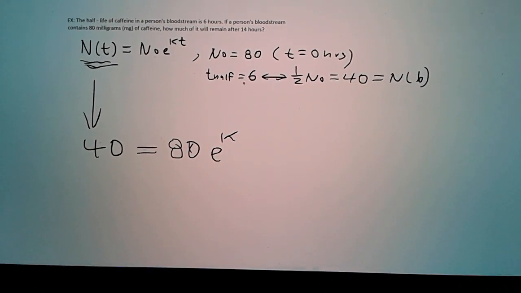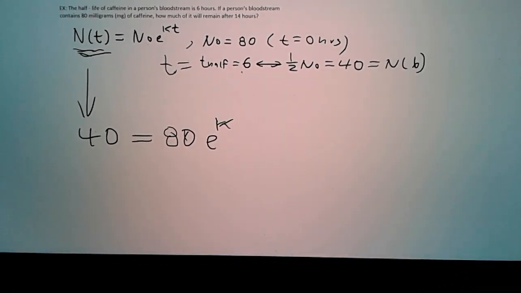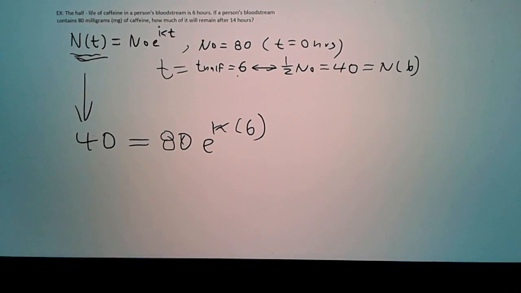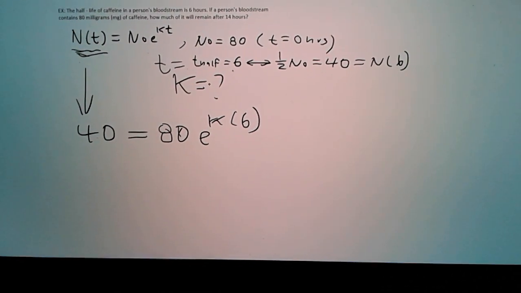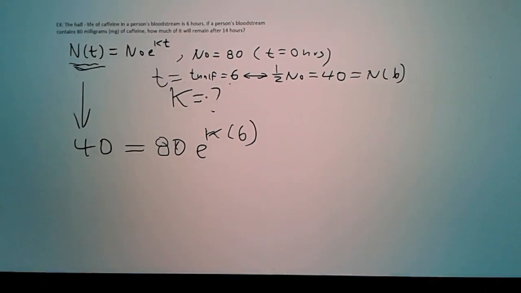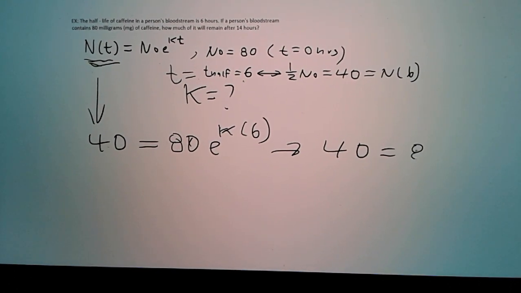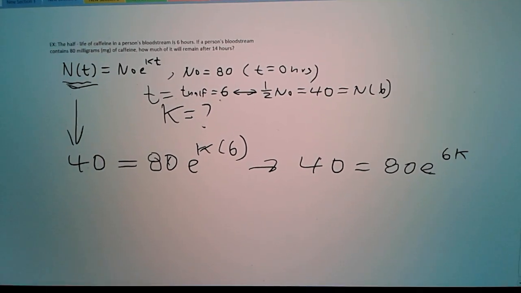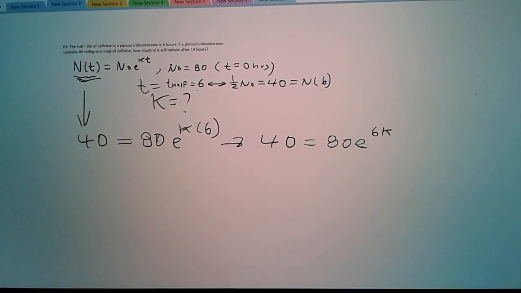So t is t half in this case, right? It's still a time. So I'm going to put in 6 for that into the equation. We need to figure out what k is. We don't know what that is yet. The decay factor has to be solved. So the equation becomes 40 equals 80 e to the 6k.